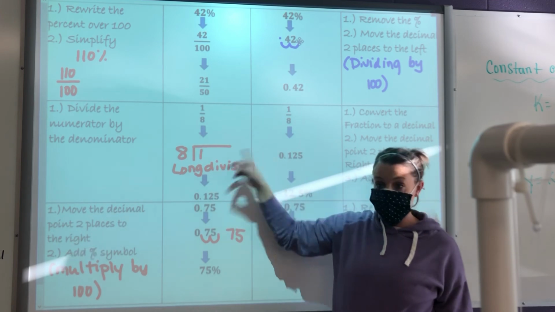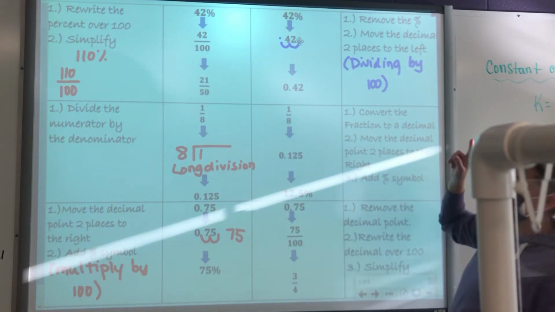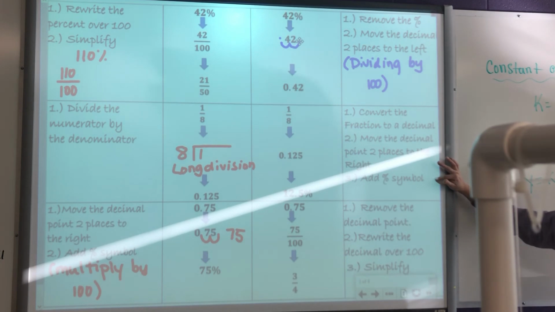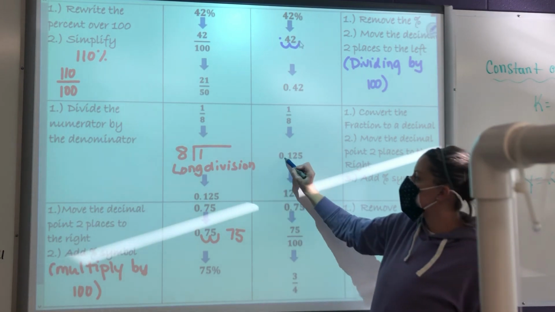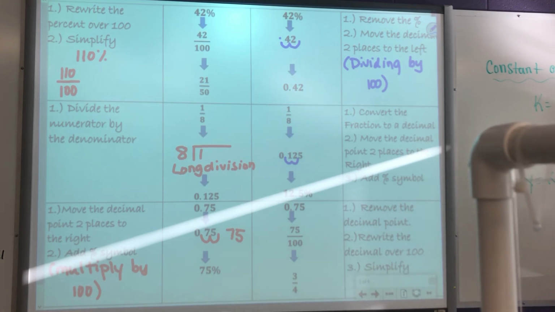That's why they're next to each other, because you need to use this to make this possible. So we divide our numerator and our denominator. Then we move our decimal point 2 spaces to the right, and then we add our percent symbol. Okay? So fraction gets converted to a decimal, and then our decimal gets converted to a percent. Okay, again, can we use our calculator if we have it? Yes. If we don't have our calculator, we need to use long division.